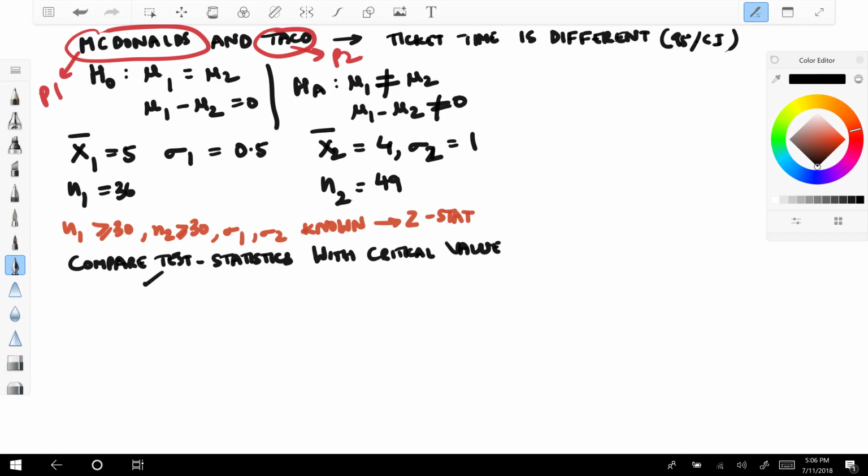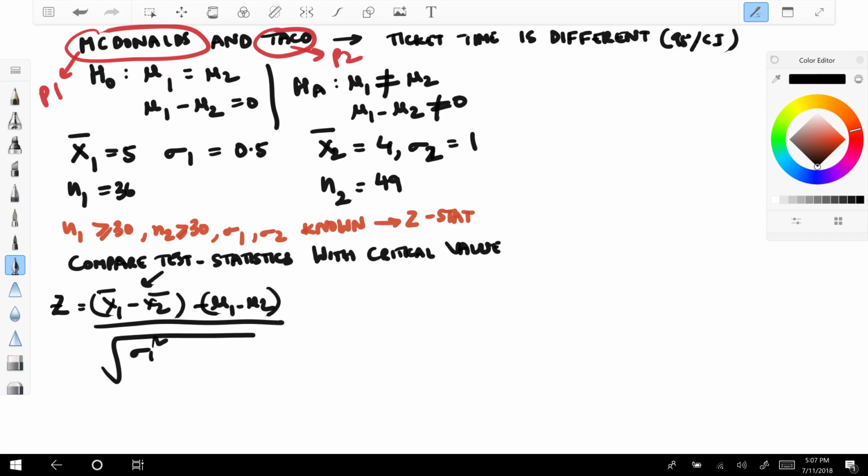So our test stat formula is Z equal to x1 bar minus x2 bar minus mu1 minus mu2, divided by square root of sigma 1 square by n1 plus sigma 2 square by n2. In our problems, this will be given.